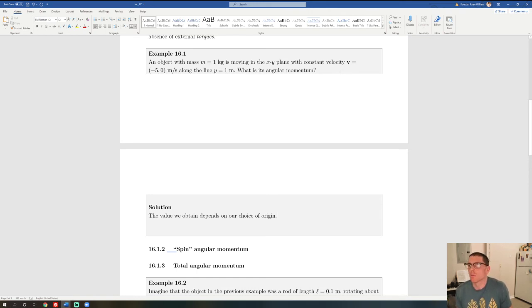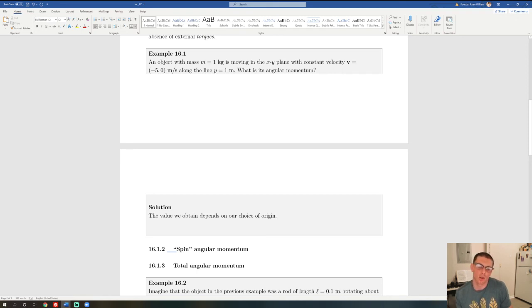I think the big thing was torque, right? I hopefully emphasized to you that torque is not meaningful until we assign an axis of rotation. And in this case, the same thing goes for this idea of orbital angular momentum.